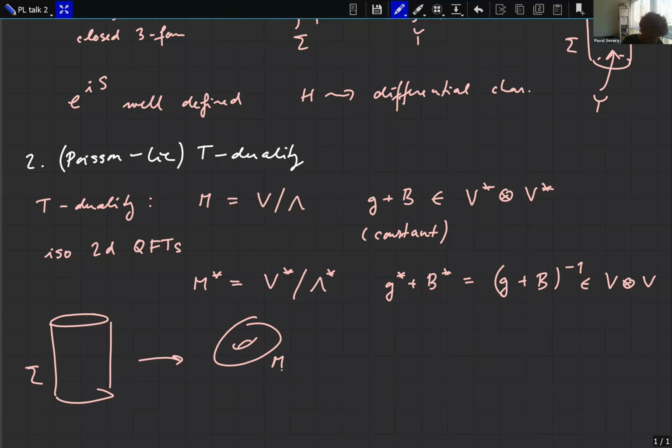That's our M. Then on sigma we can somehow cook up two closed one-forms. One of them is simply df. So that's in omega 1 of sigma with values in V, and the periods of f are in lambda.